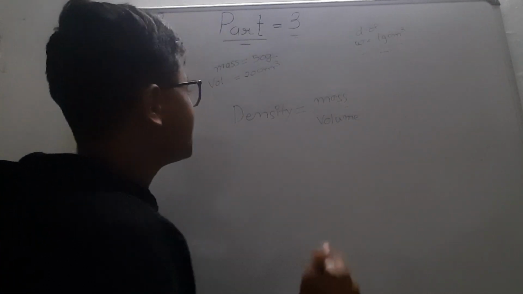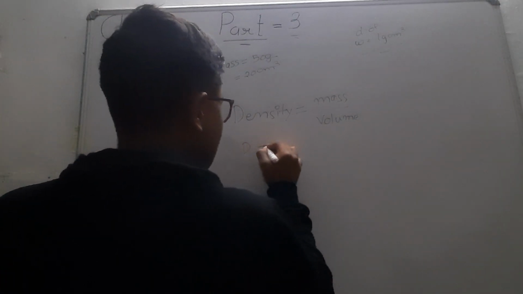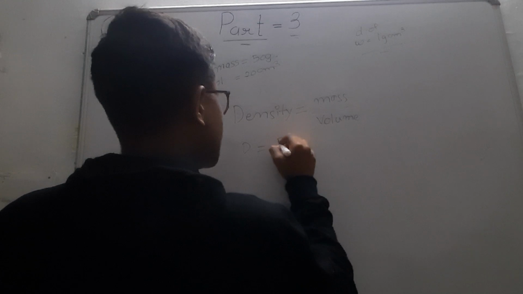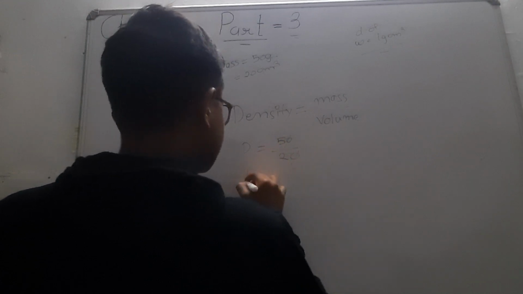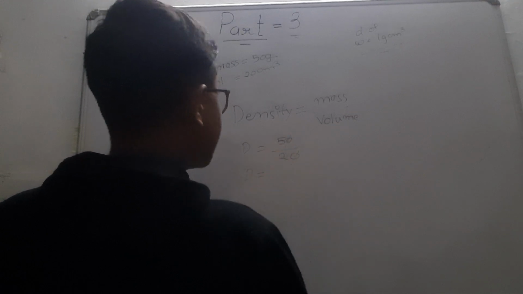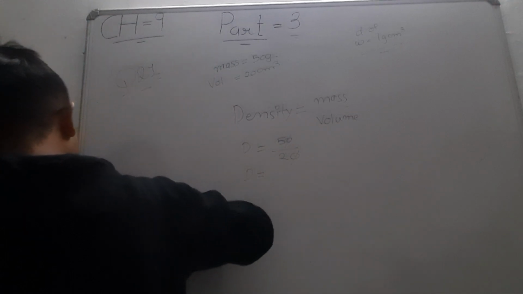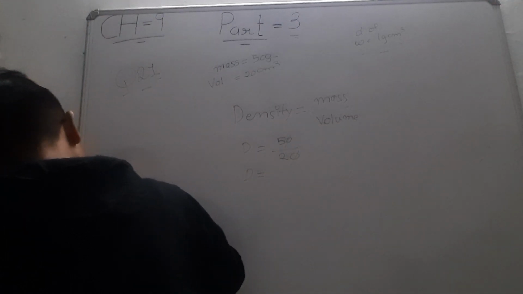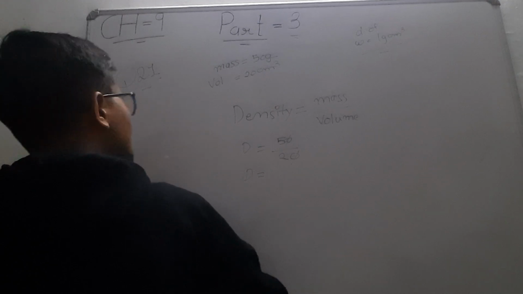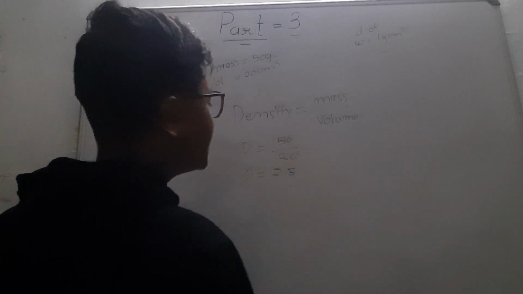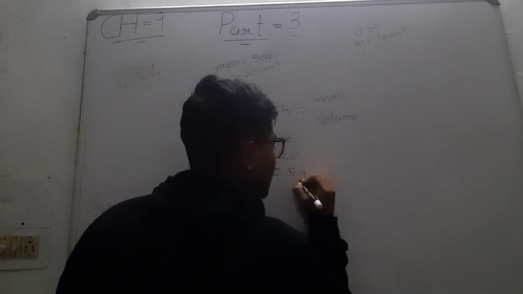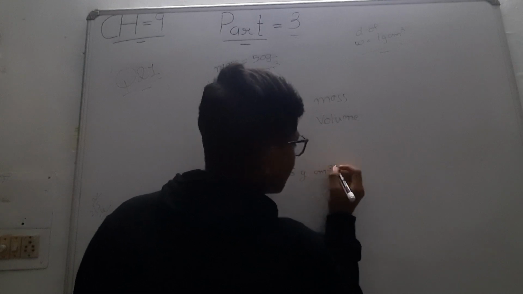The formula of density is mass upon volume. Density is equal to, what is the mass? 50 gram. What is the volume? 20. You will get something. Wait for 2 minutes. You will get 2.5. Density is 2.5 gram per centimeter cube.